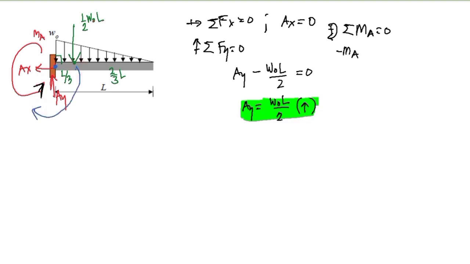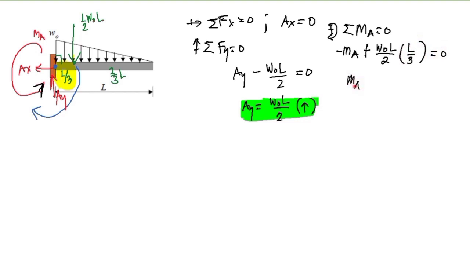So that would be positive W sub O L over 2, multiplied by the moment arm. The moment arm is the perpendicular distance from point A kung saan tayo nagmo-moment doon sa resultant, which is L over 3. And this is equal to 0.